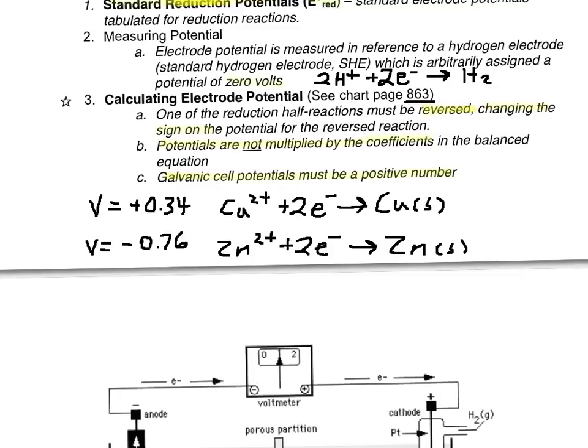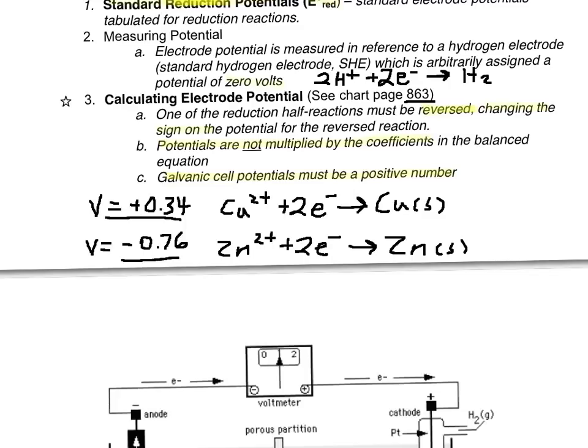So if I'm looking at an example of two half reactions, a copper half reaction and a zinc half reaction, and I look at their EMFs, I see that the copper has a higher reduction potential than the zinc does. That means that copper is more easily reduced than zinc is. It's easier for it to gain electrons.